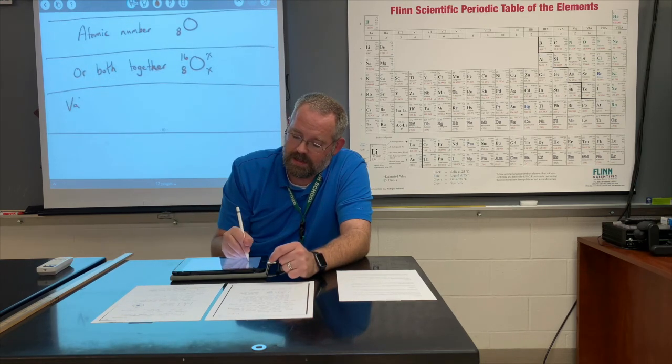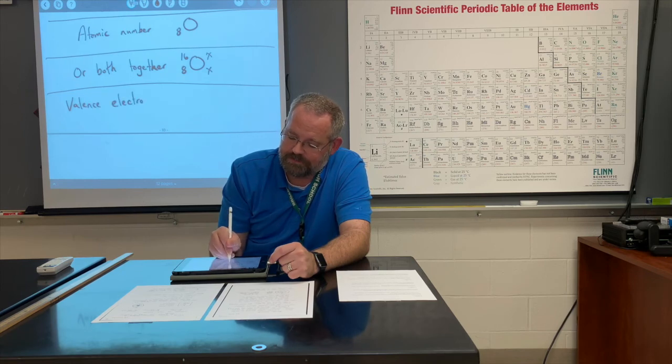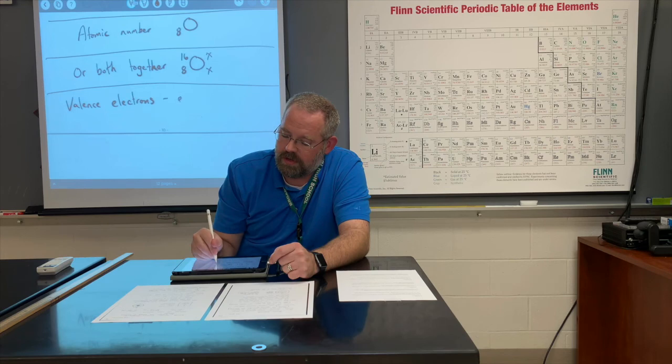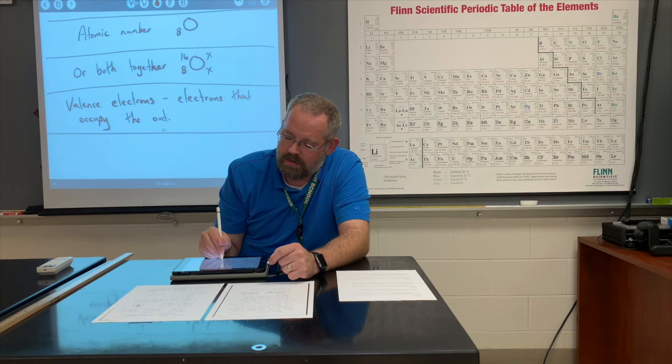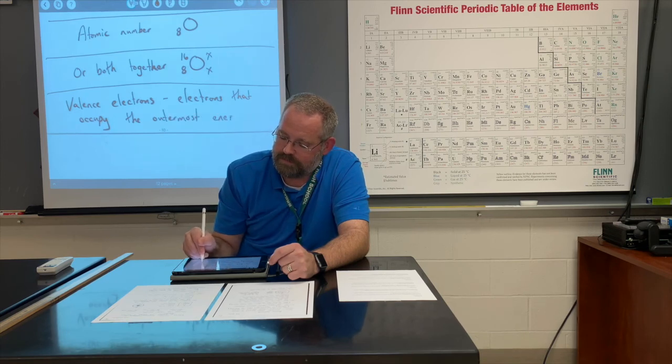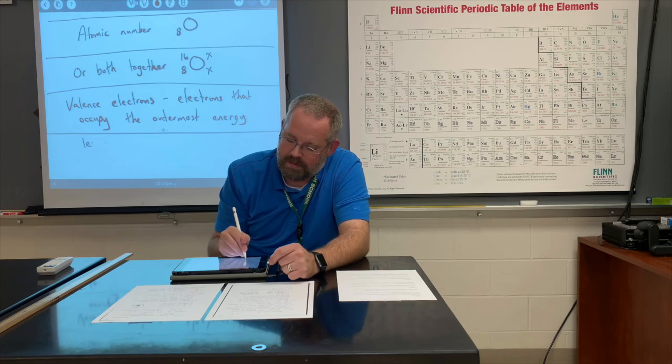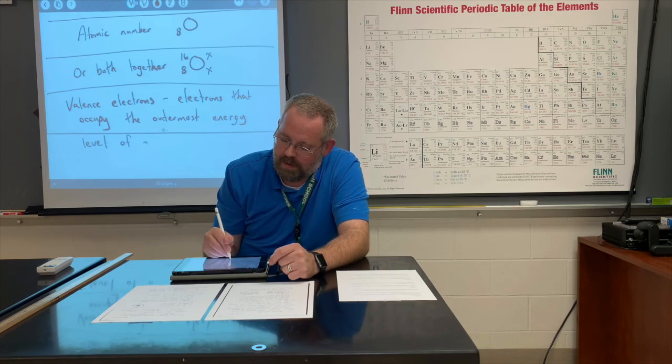The last thing I want to talk about and introduce you to is something called valence electrons. Valence electrons are electrons that occupy the outermost energy level of an atom.